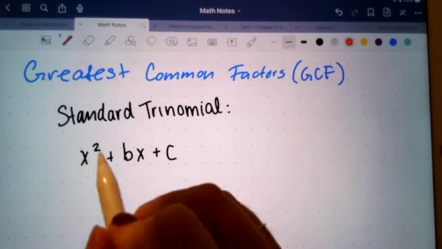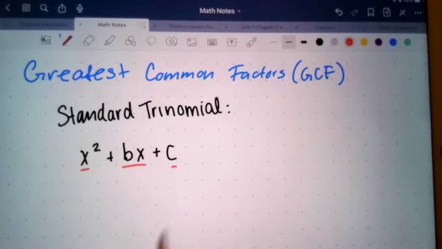So our three terms are the x squared, the bx, and c. C is a constant in this situation. However, that is not related to the fact that it is the letter C. It could be any letter that you would like it to be. It just happens to be C when we write it out in standard form.